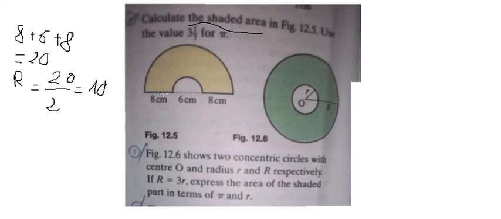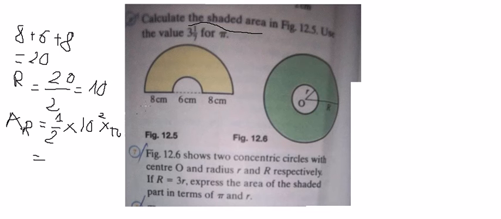This one is a half of the circle. So the area of the big circle in this situation, you should have 1/2 because this is a half of the circle, multiplied by 10 squared. This is the radius of the circle. Multiply with pi.